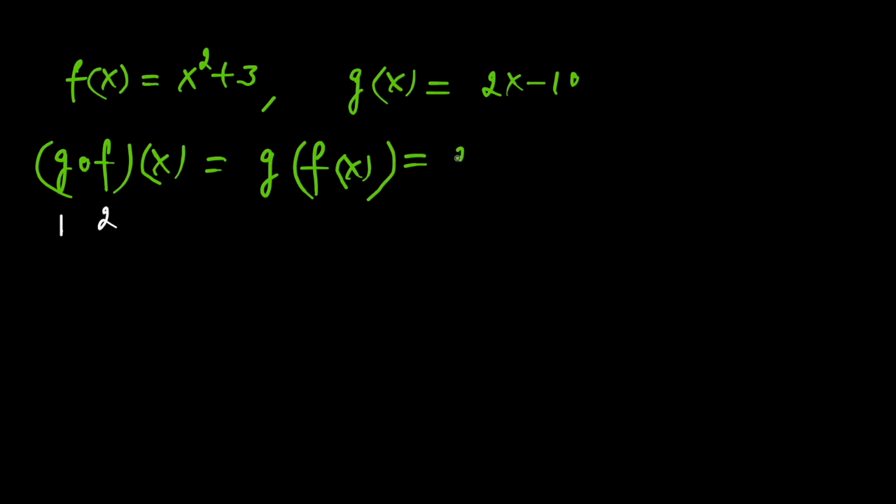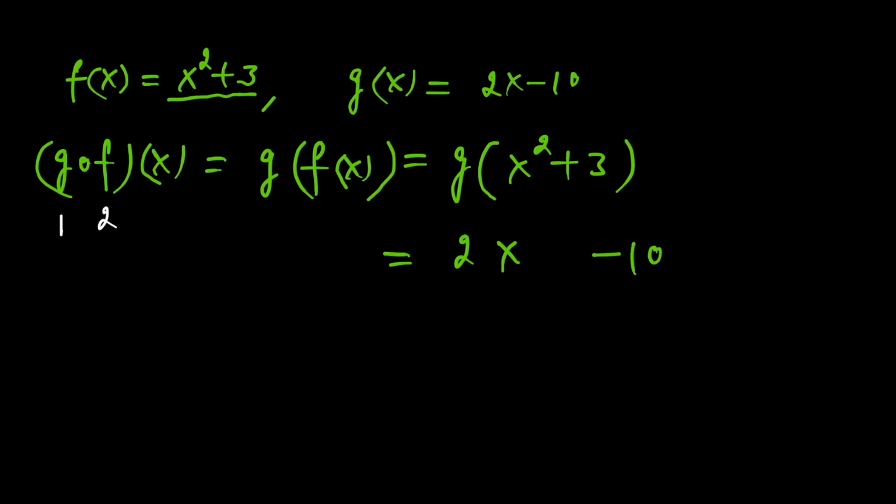In this case, we know that our f of x is x squared plus 3. So I'm going to write here x squared plus 3. Now, if we have to just find the value of, let's say, g of x, it is 2x minus 10. But remember, now our new x is not x, so I'm going to delete this x.